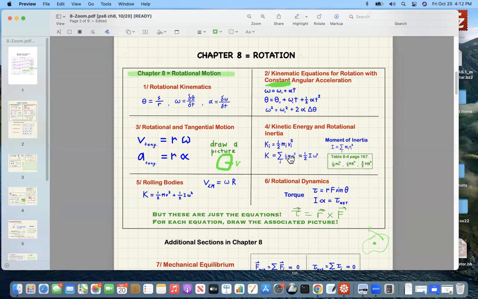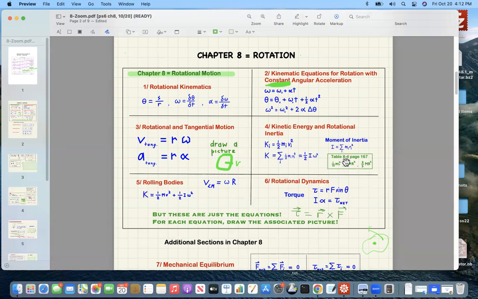But it's usually denoted by the letter I for moment of inertia, and you see it's just the sum of m_i r_i squared. Now, if this is some collection of points, well, then you just have to do this sum for the different points. But if this is some kind of an object with a shape, then you'll have to sum up over all the different points within that shape.